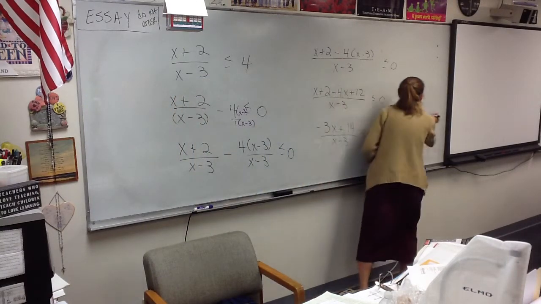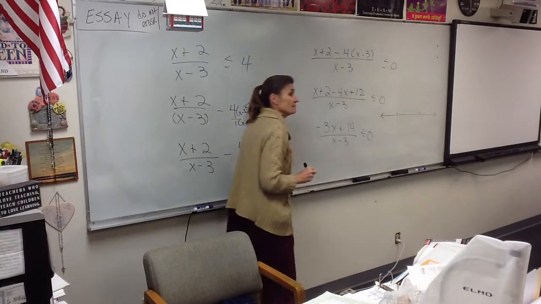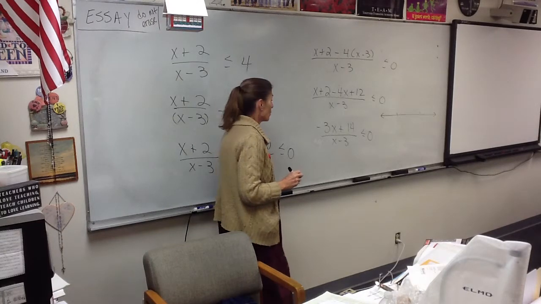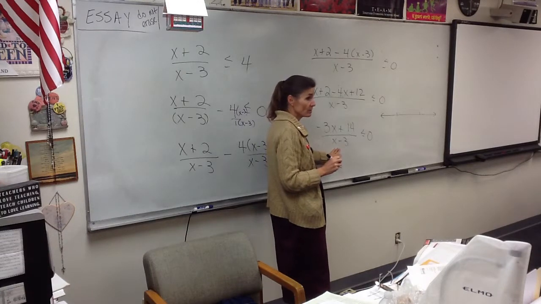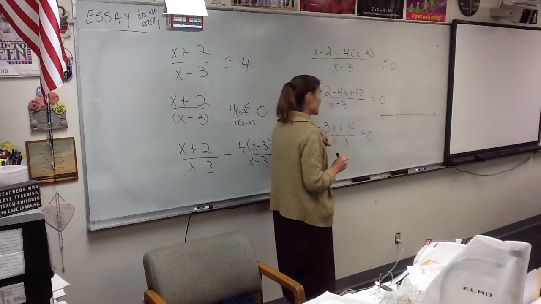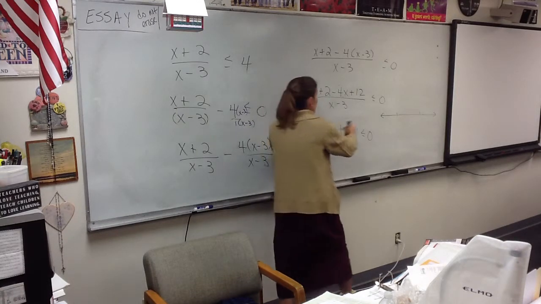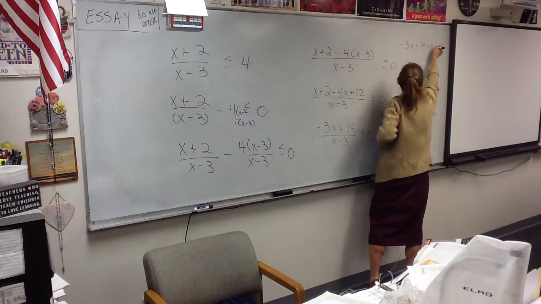So I'm going to draw my number line, and I'm going to put 2 dots on my number line. One of the dots will be at 3. Would you agree with that? This dot's tricky. To find out where to put that dot, I'm going to do negative 3x plus 14 equals 0.